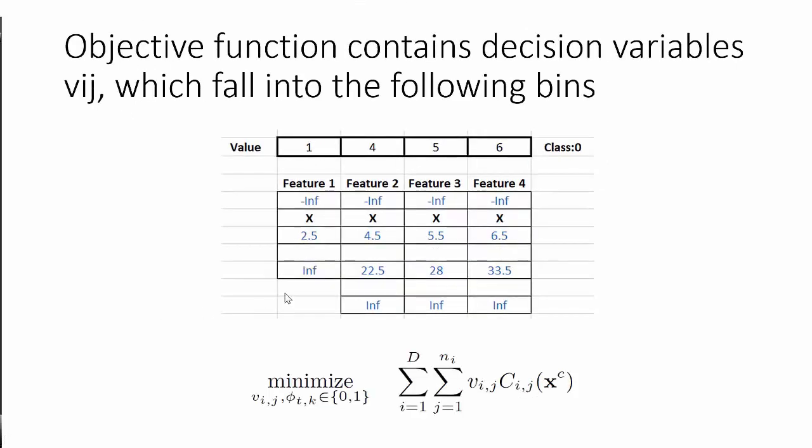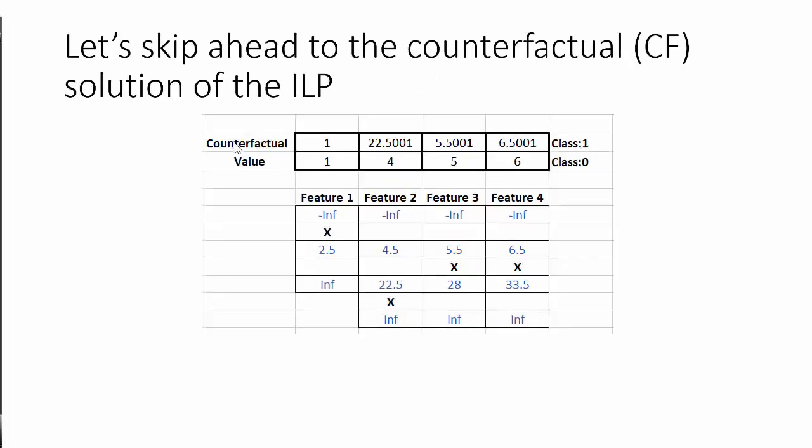In order to give an understanding of Cij, the function, we now take the final result, the counterfactual solution, and jump to it right away, which says that if the class was to be 1 for our apartment, we will have to make the smallest following changes to the features of the apartment. The first feature doesn't have to be changed at all, so this is okay, and this remains in this bin safely.